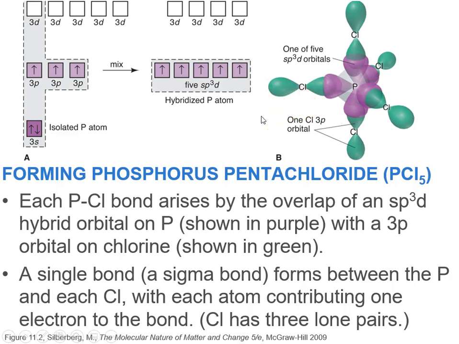Remember, chlorine has 7 valence electrons, so the other 6 are going to be in lone pairs around the chlorine, which isn't shown here. But that 7th one is forming a bond with one of these unpaired electrons on the phosphorus. So these are sigma bonds, single bonds. They result from end-to-end overlap between the sp3d orbital and the p orbital on the chlorine.